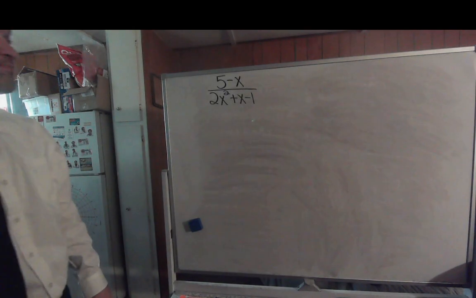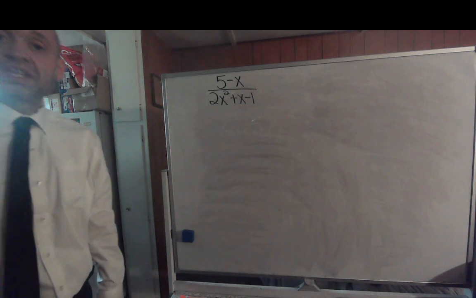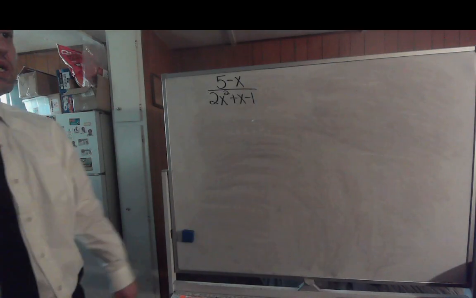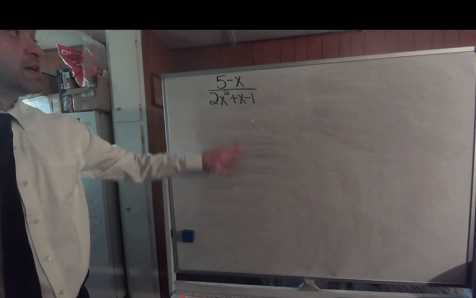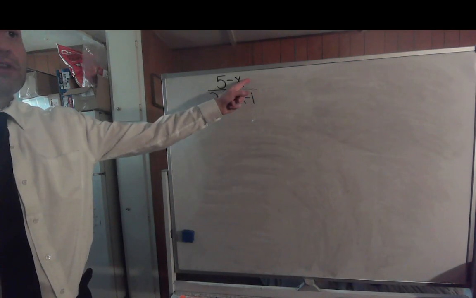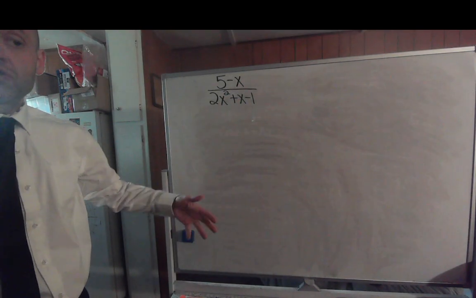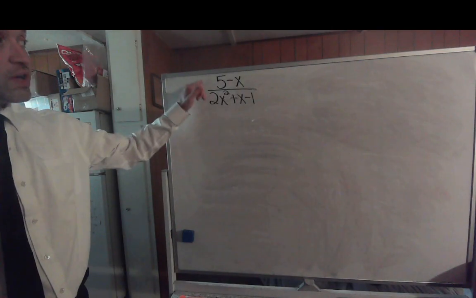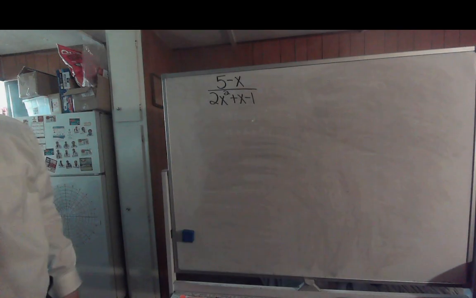Well, again, really and truly what we should be doing, and you're going to see why in a little bit, is we need to see what the degree of the numerator and the denominator is. In this case, the degree of the denominator is less than that of the numerator, so we can continue doing what we've been doing. If it's greater than or equal to the degree of the denominator, well, we'll cover that when the time comes.